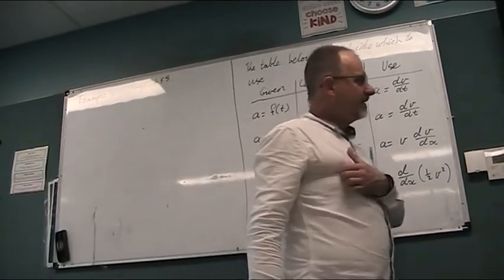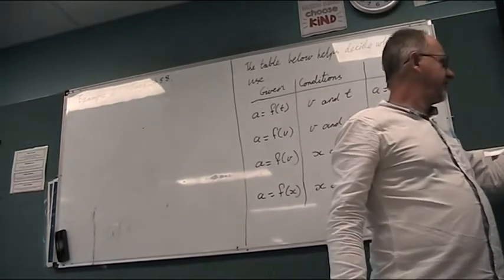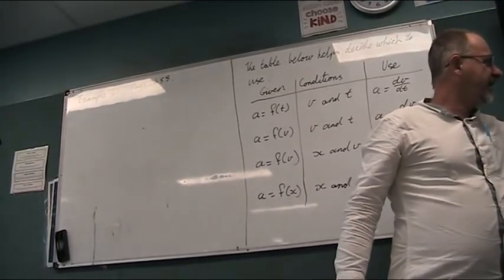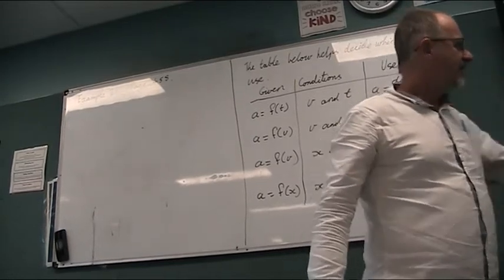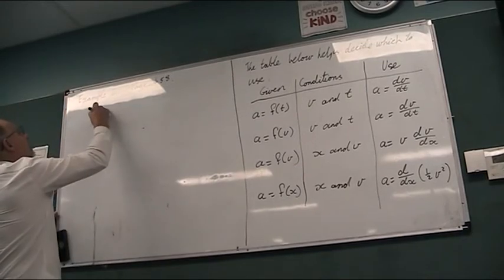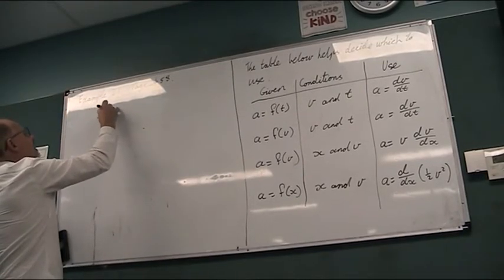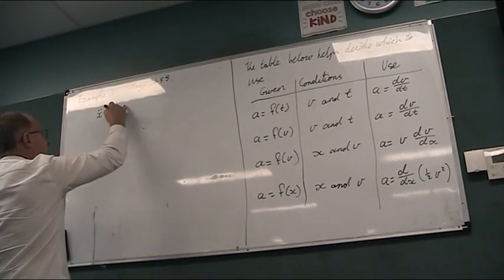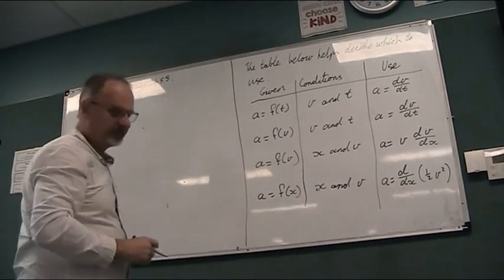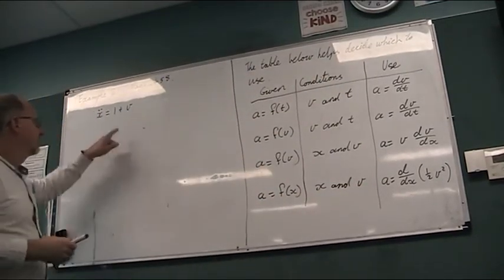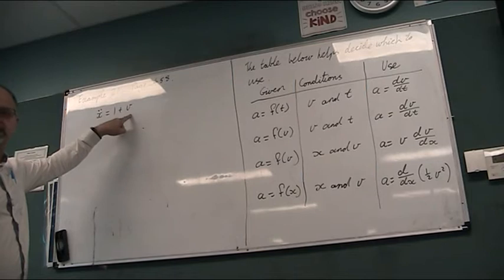Here it is: an object moves in a straight line, so its acceleration, x double dot, is given by 1 plus v. So we know the acceleration is 1 plus whatever its velocity is at the time.